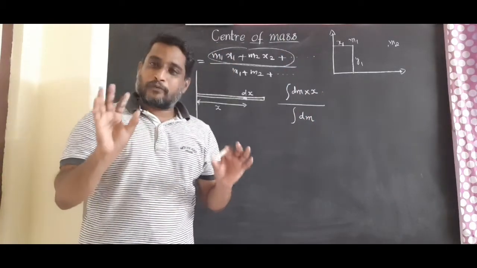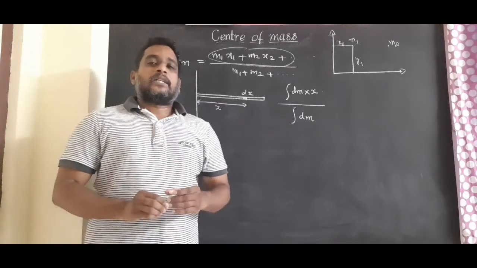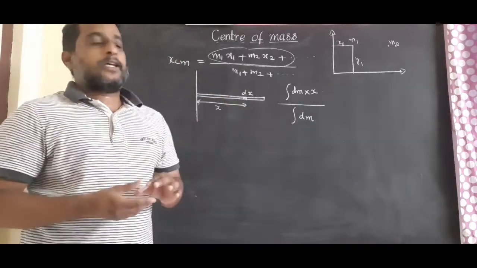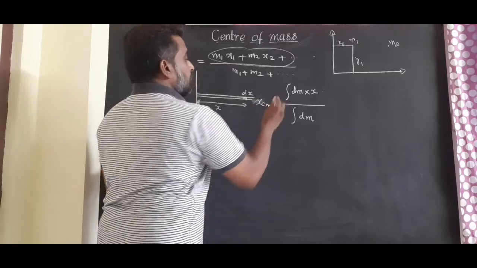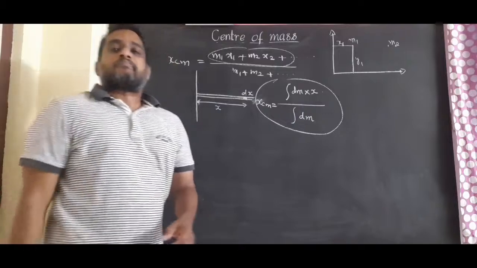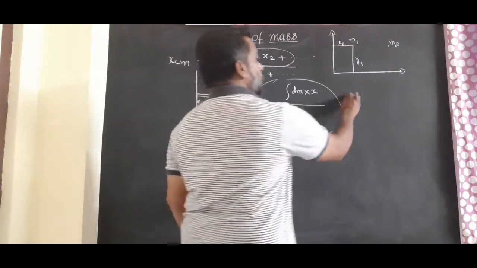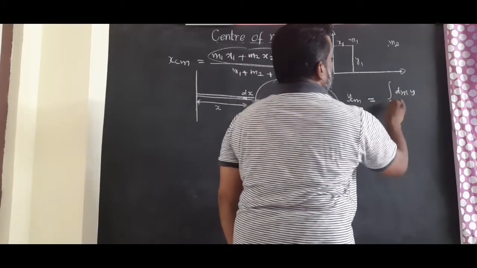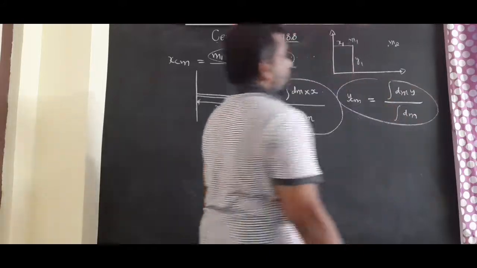So please remember, all of you, in case of continuous mass distributed bodies, to locate the x coordinate of center of mass of that particular body, we use the equation xcm is equal to integral dm into x divided by integral dm. Similarly, y coordinate of center of mass of that continuous mass distributed body will be given as integral dm into y divided by integral dm.